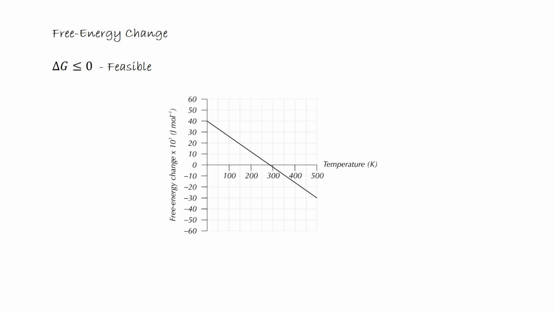The final thing to consider then is perhaps some sort of graphical maths skills that we could be asked about in the exam, which could potentially be new this year. They certainly haven't asked these sorts of questions in the past, but it's just to consider if we plotted for a reaction the Gibbs free energy, delta G, as a function of temperature, and we considered here the straight line graph y is equal to m multiplied by x plus c, where y and x are coordinates, m is a gradient, and c is the y-intercept.